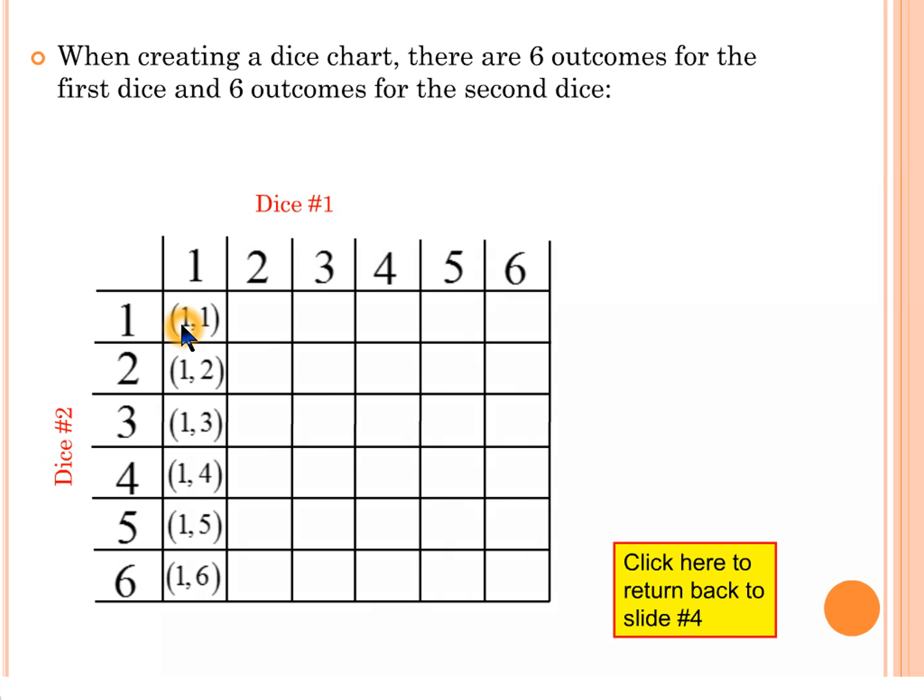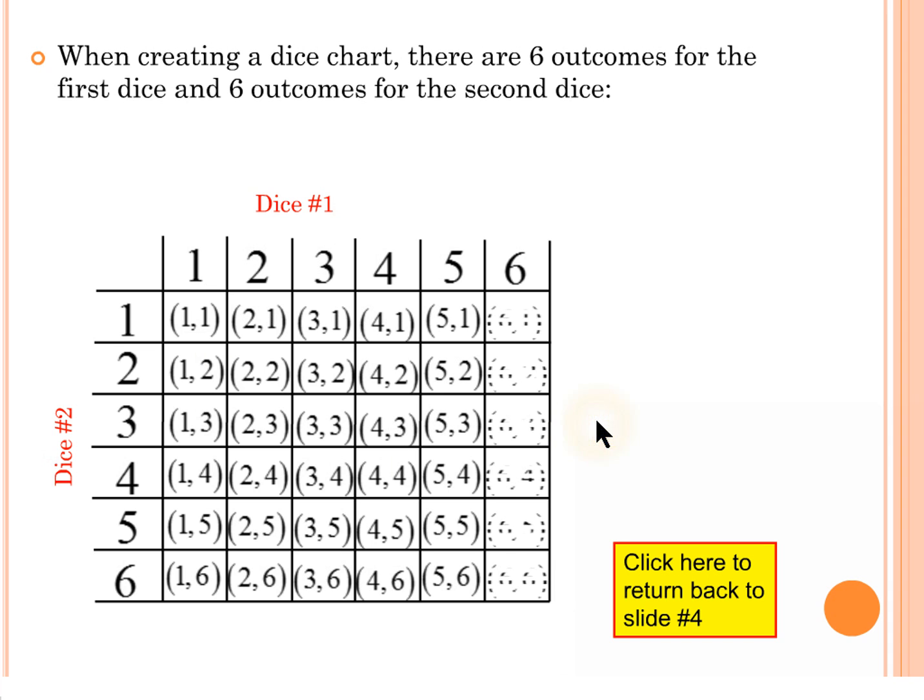For example, the first dice could be a 1, and the second dice could be a 1. Or the first dice could be a 1, and the second dice could be a 2. So this is a second outcome. A third outcome might be, the first dice might be a 1, and the second dice could be a 3. And if you follow this pattern, you go all the way up to 6, where the first dice is a 1 and the second dice is a 6. So if you consider all the different outcomes, you actually have a grand total of 36 different situations.